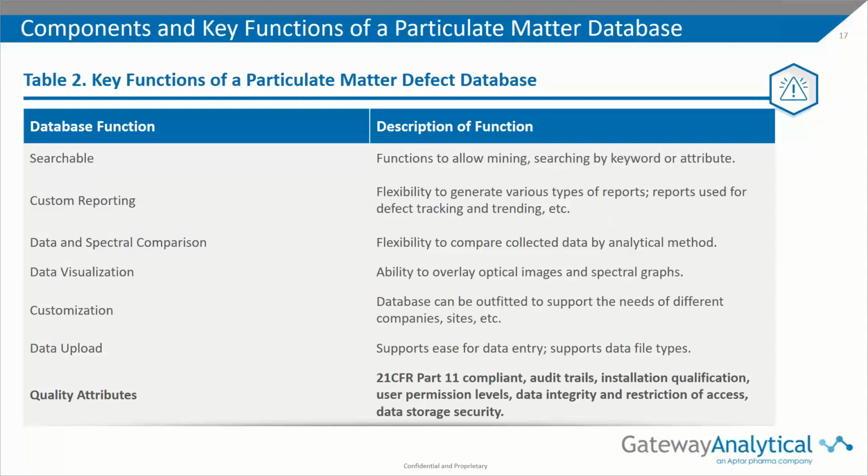So the components that are key for a strong particulate matter database: having things that allow searchability. It does not need to be spectrally searchable. There's a lot of programs out there that say, hey, if I have an FTIR spectrum, I'll put it in here and search it and see if I can get some of my closest hits.